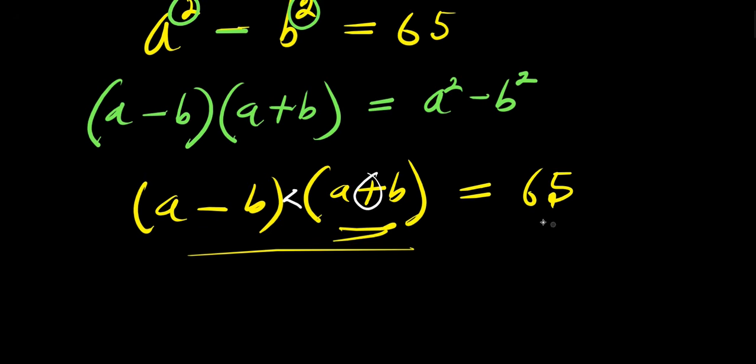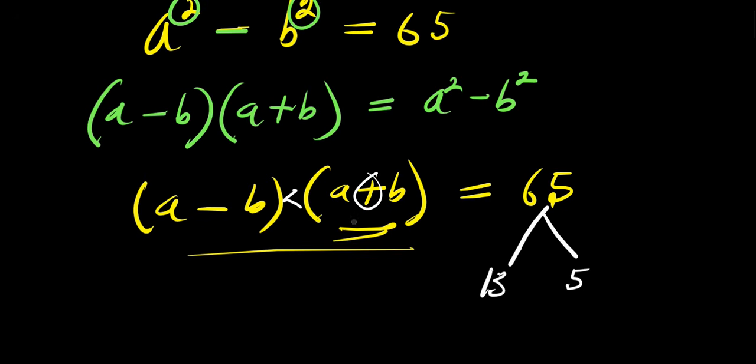So because of that, we can divide this into 2 parts. What are the 2 numbers that if you multiply, you will have 65? And that is 13 times 5. You have 13 times 5, right? 13 times 5 or 5 times 13.